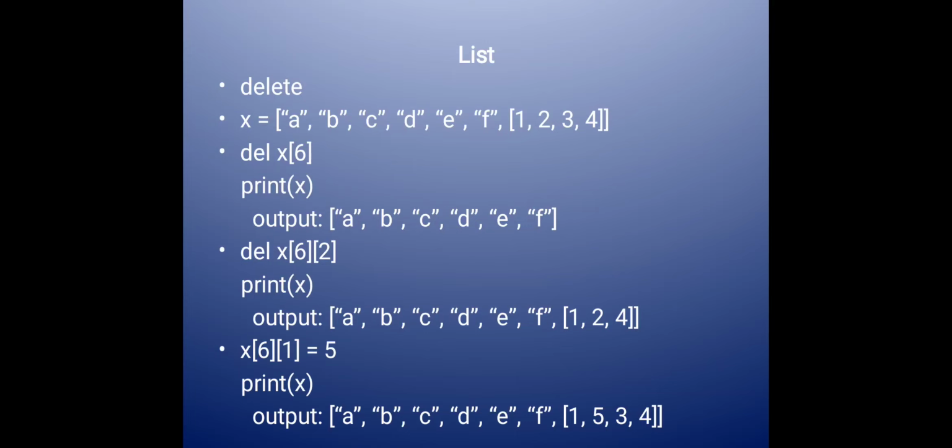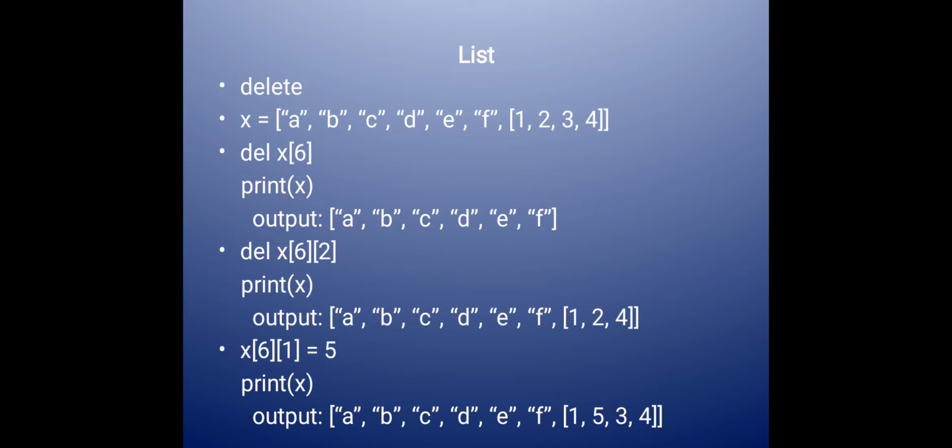Then comes delete of x of 6, 2. Then print x, the output will be a list of a, b, c, d, e, f, again a list of 1, 2, 4. So from that, 3 is deleted. x of 6 is pointing to that list 1, 2, 3, 4, then 2 is pointing to that 3. So the output will look like this.